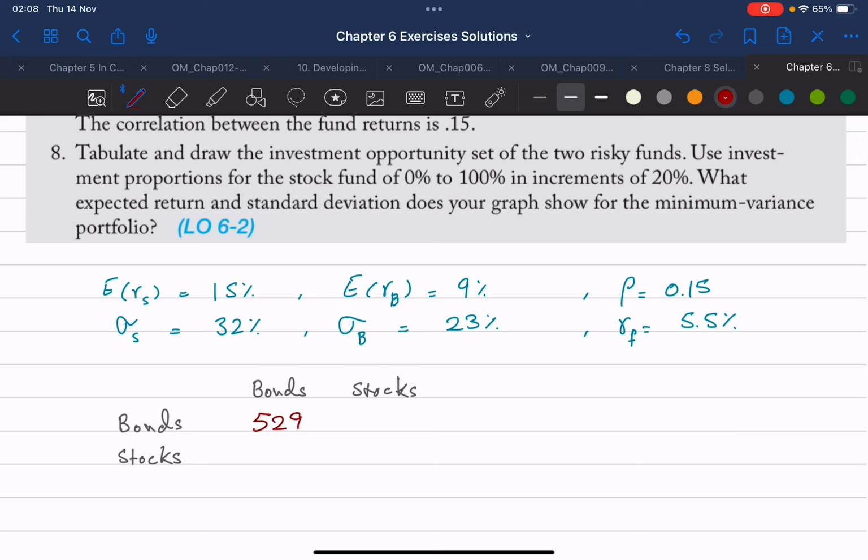For the stocks, we have a standard deviation of 32, so in the calculator we'll say 32 to the power of 2, and that will give us 1024.